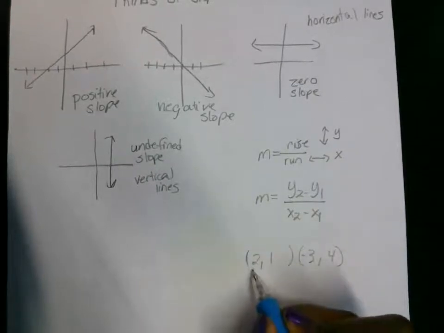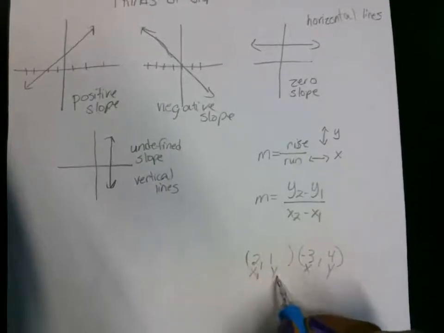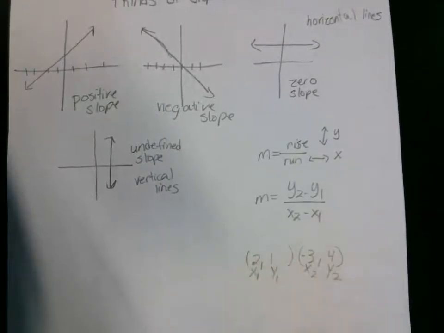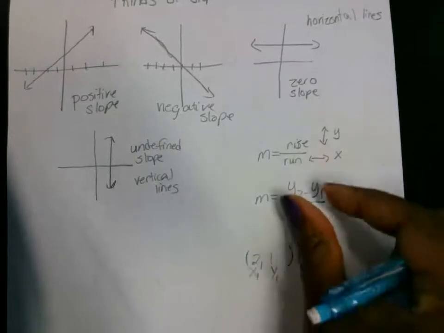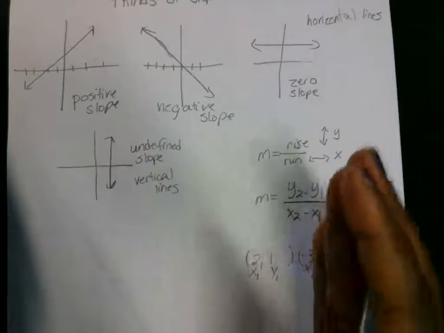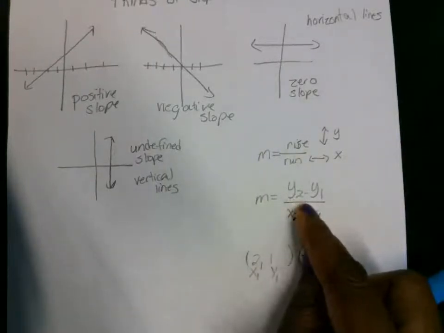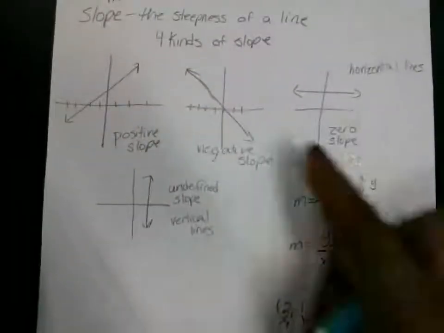This is x, this is y, this is x, this is y. This is my first point, this is my second point. You substitute these numbers into this formula to figure out the slope, the rise over run between the 2 points.